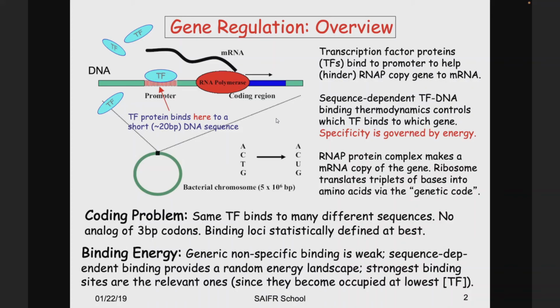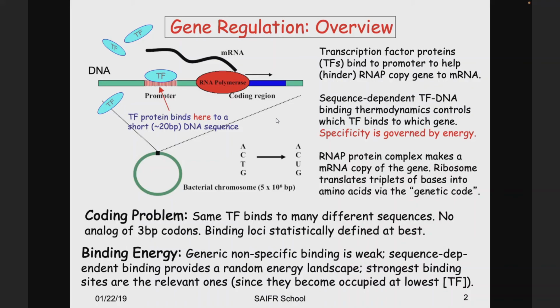And it has to wander around in a stochastic fashion, just like we were talking about at the very beginning of the lectures, until it eventually finds the magic sequence that it's designed to bind to strongly, in which case it can do its job. Okay, so there's an energy issue.